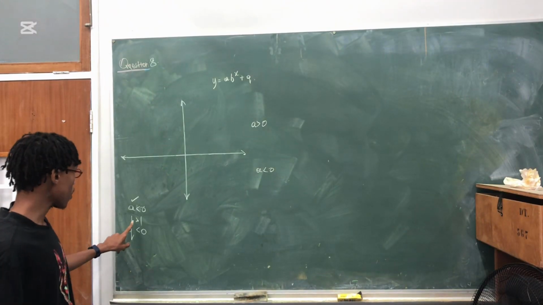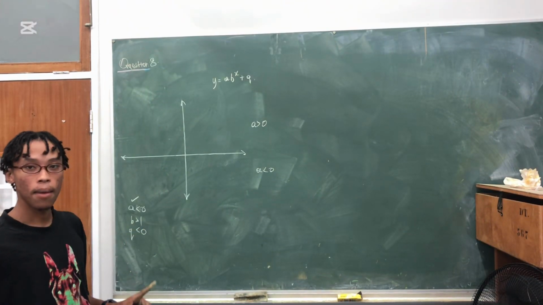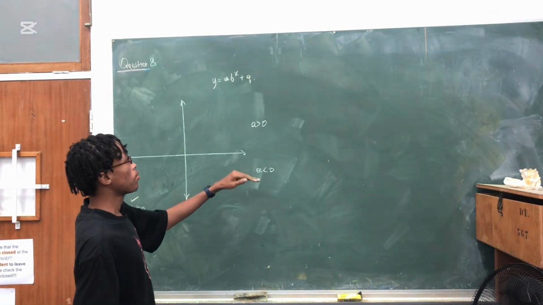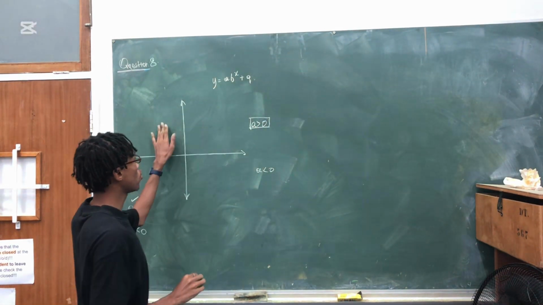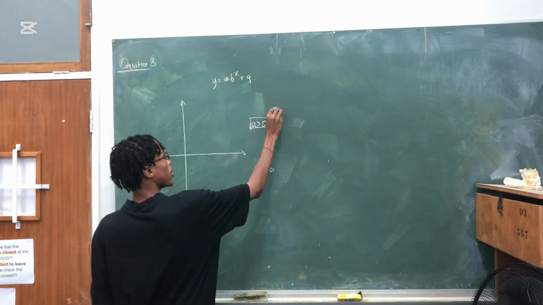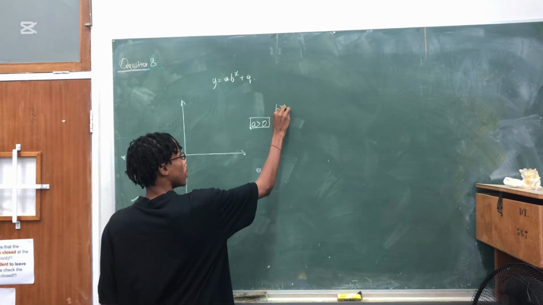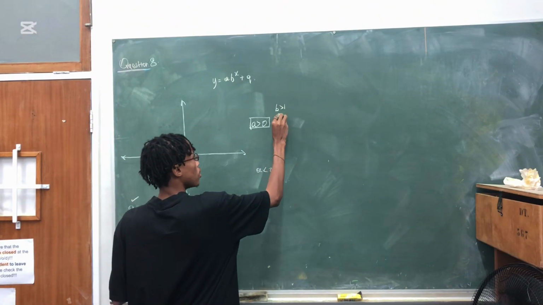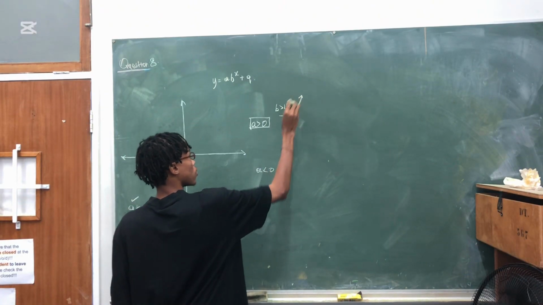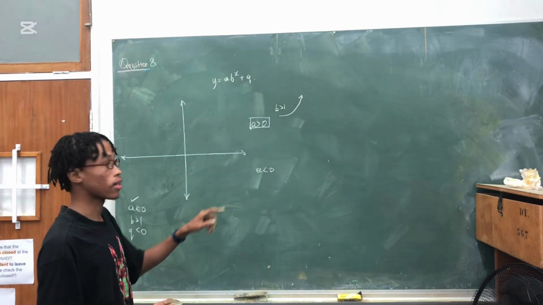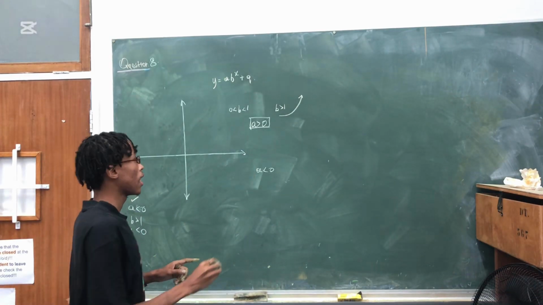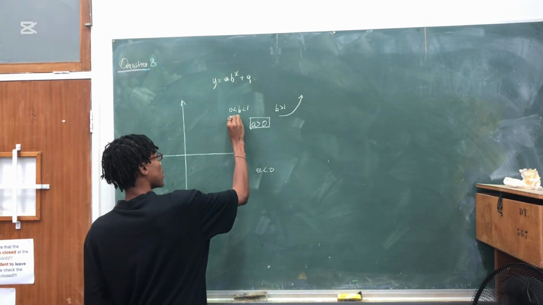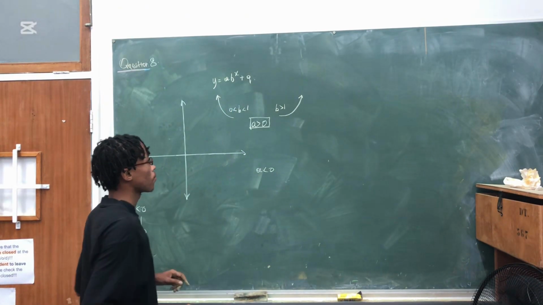Now, B is greater than 1. When B is greater than 1, that means that our function is going in this direction. But if B is less than 1, but greater than 0, meaning a fraction, then our function is going to look like this.